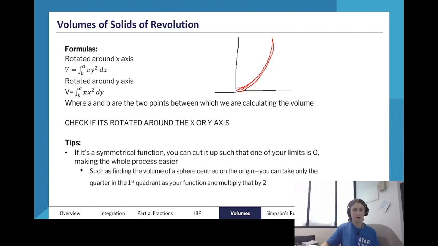Instead of just finding the area underneath this curve, what would happen if we rotated this around the y-axis? We would be left with a bowl shape, like this, but of course it's all shaded in. So if we rotated this around the y-axis, we'd be left with a bowl shape.